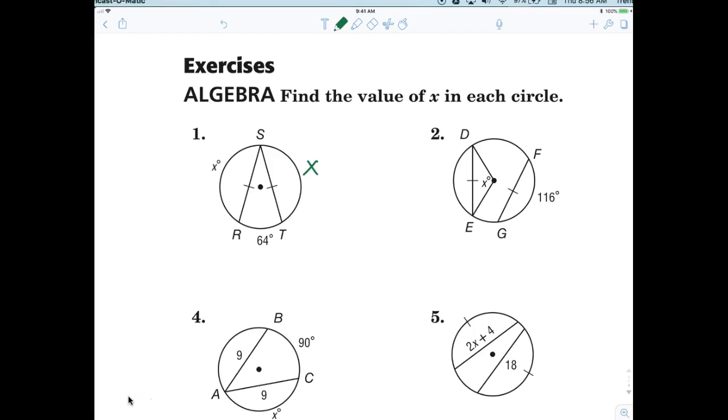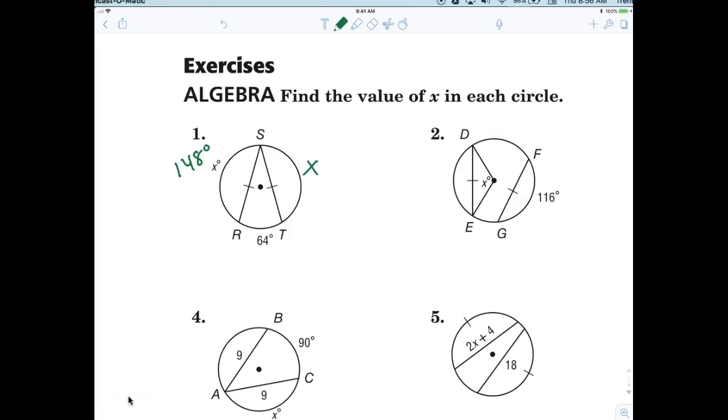Very simple. All the way around the circle is how many? 360. 360 minus 64 divided by 2. It's three arcs, two equal arcs. You with me on this?